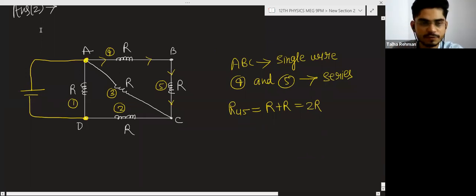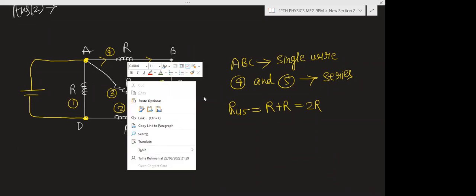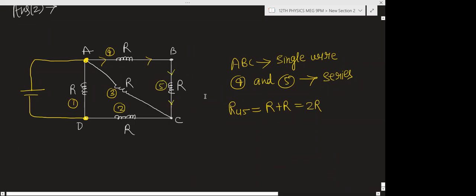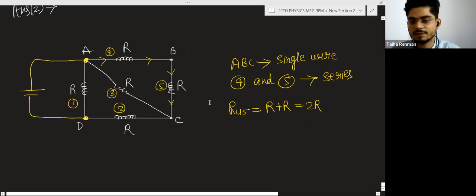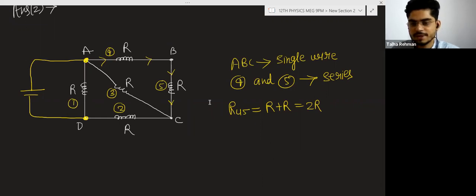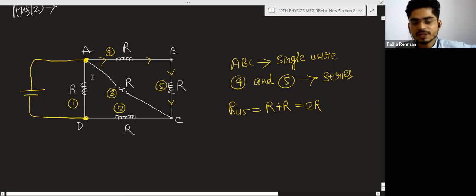Now we will again modify this circuit. Sir, but we need only for AD, right? Why are we taking 4 and 5? You are right, Hamza. But actually, there is no other way to solve.